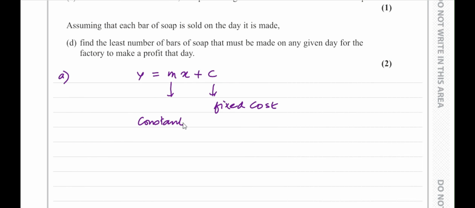So we can write the equation as y equals mx plus c, where c is the fixed cost and m is the constant of proportionality, and x is the number of soaps produced for the day.